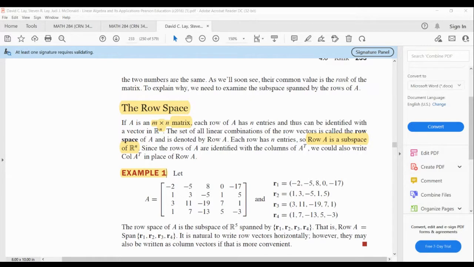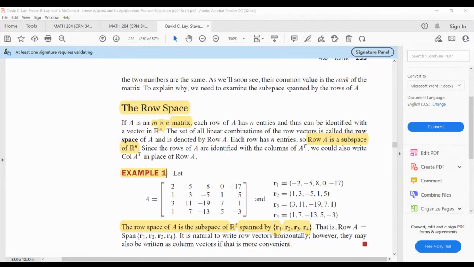Now, what does this actually mean? If we look a little bit below, the row space of that matrix A is the subspace of 5-dimensional space spanned by rows R1, R2, R3, and R4.